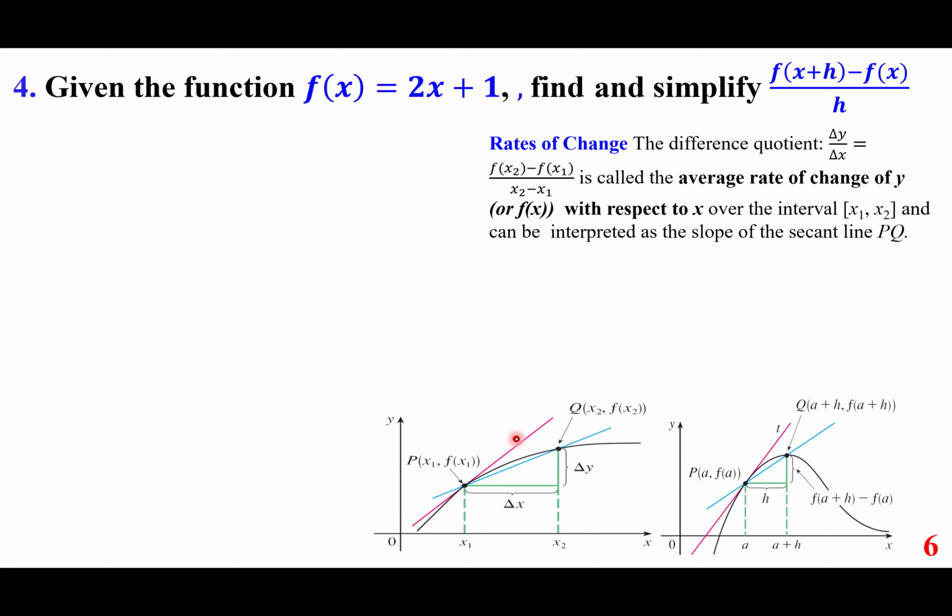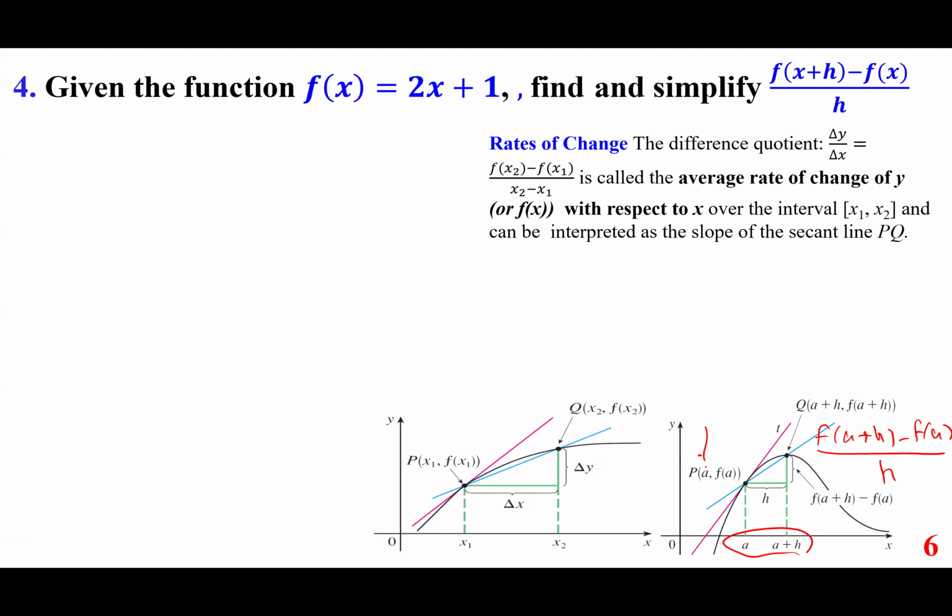Now, if you look at the same thing, but from the point of view here, as we go from a to a plus h, in essence, we get a similar definition. f of a plus h minus f of a over the difference of these two, which is just h.